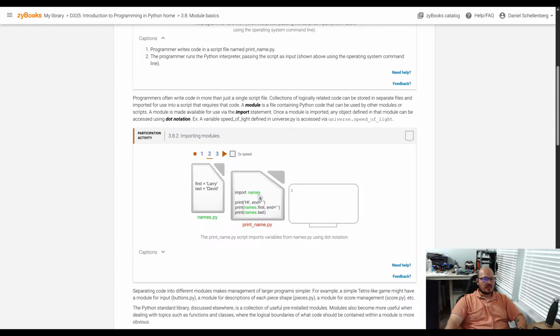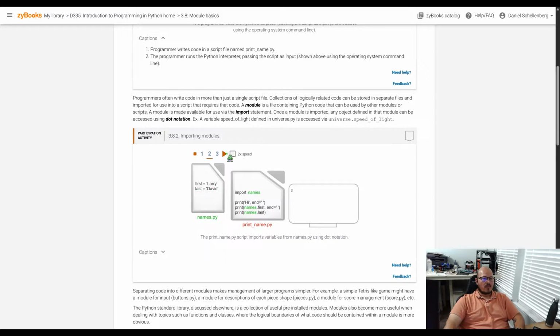Import names, which is the name of this file, so names.py, so import names. And then this print here is accessing this names file dot first, which says, I want to access this file named names, and then I want it to print the variable first.